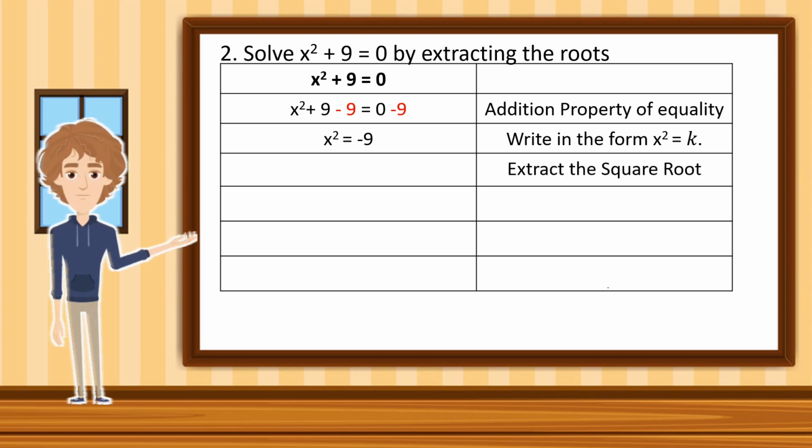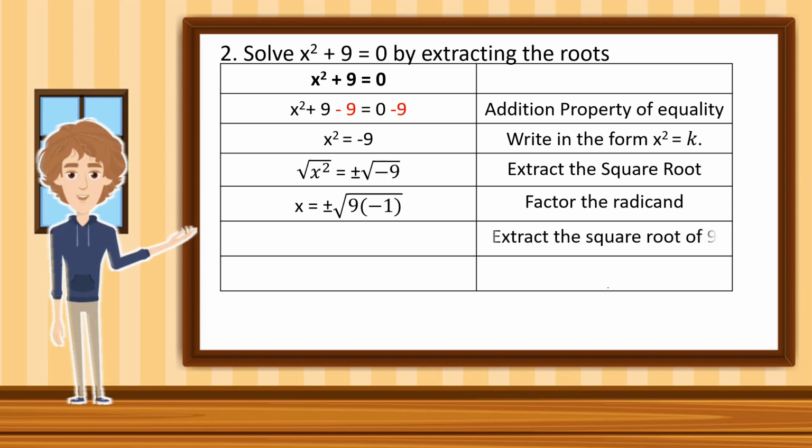Then we will extract the square root. The square root of x squared is equal to positive or negative square root of negative 9. Then we will factor the radicand. X is equal to positive or negative square root of 9 multiplied by negative 1. Then extract the square root of 9.